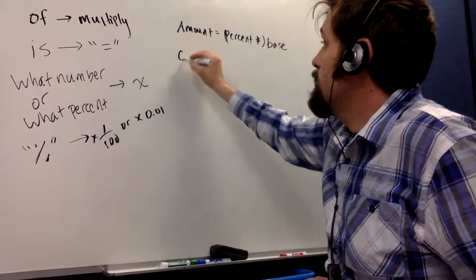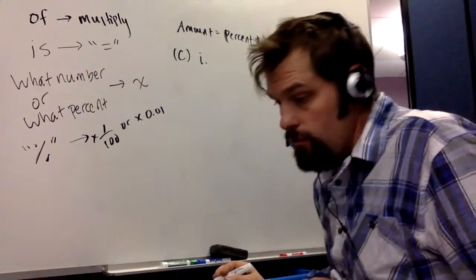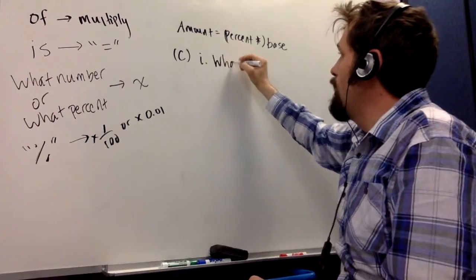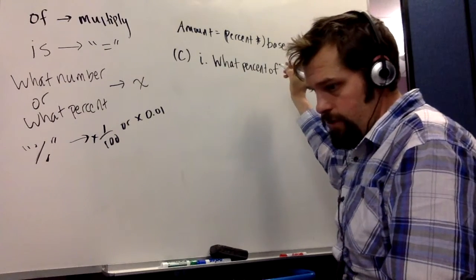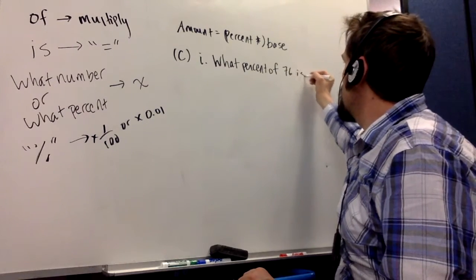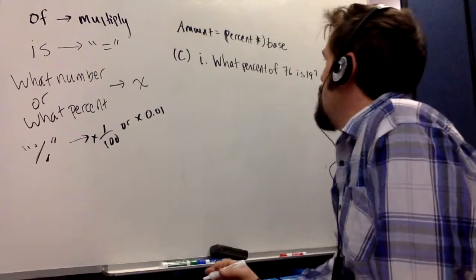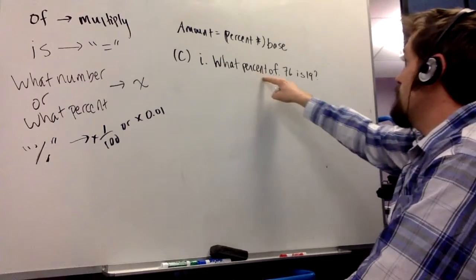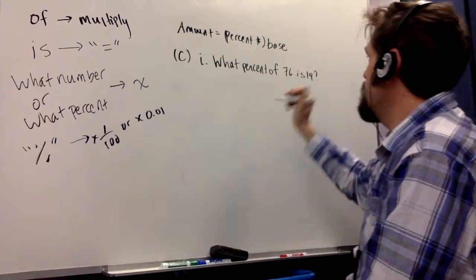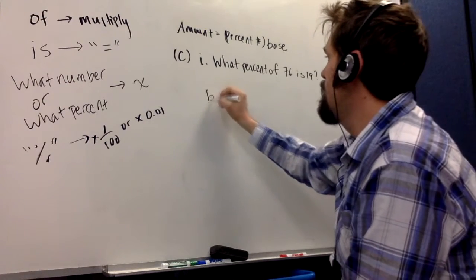So let's look at the examples from C. We have what percent of 76 is 19. So what percent of 76? I'm taking a percent of 76. That means 76 is the base.